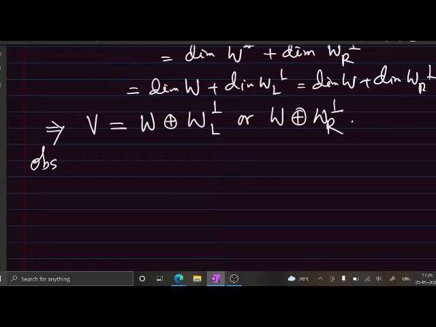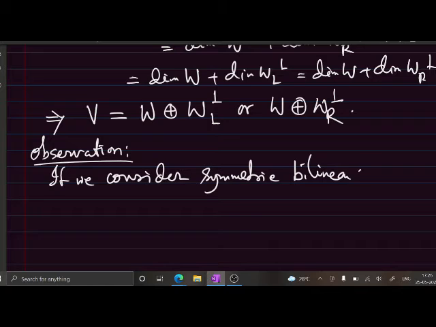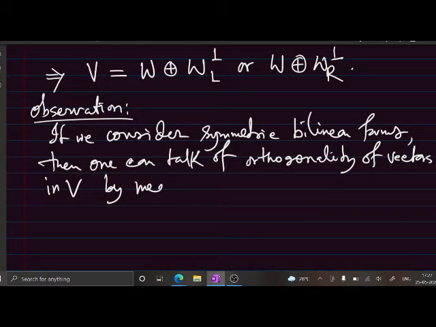Now, observation. If you consider symmetric bilinear forms, then one can talk of orthogonality of vectors in V in the following way.